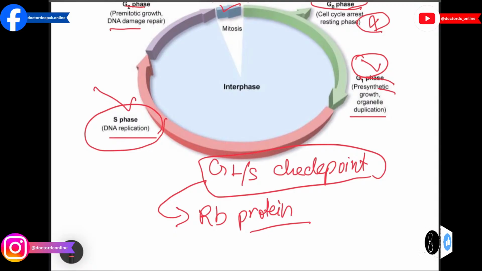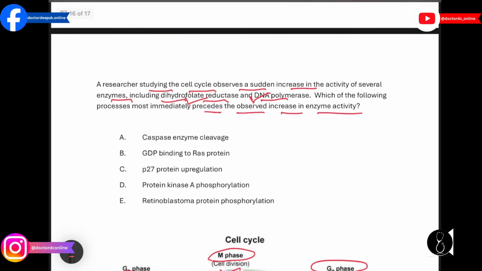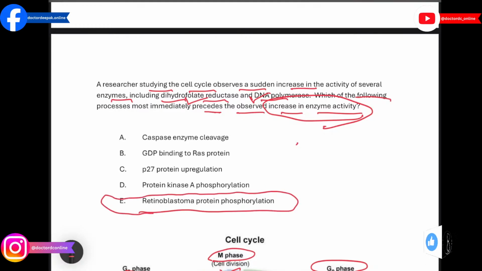Our question asks which of the following processes most immediately precedes the increase in enzyme activity, and that is retinoblastoma protein phosphorylation. What happens when the cell is stimulated by a growth factor?